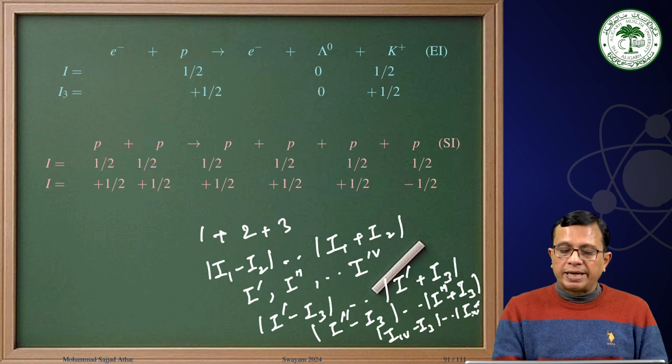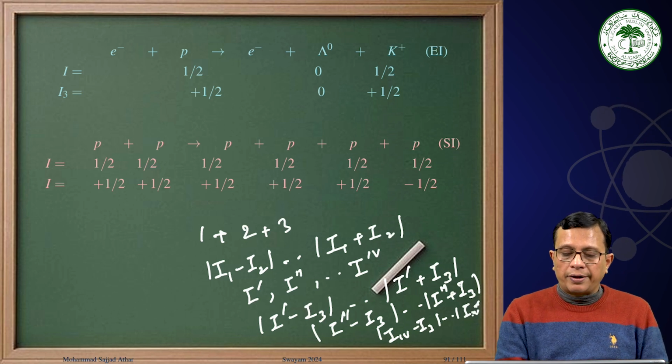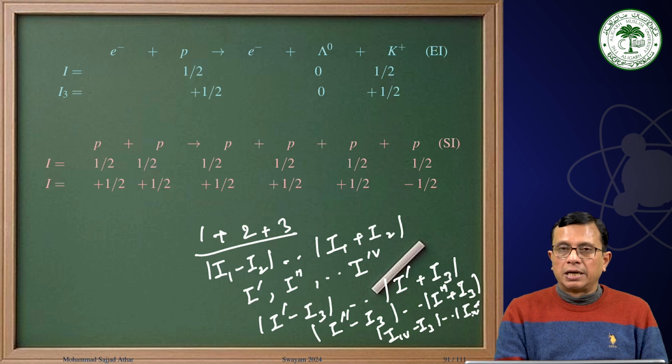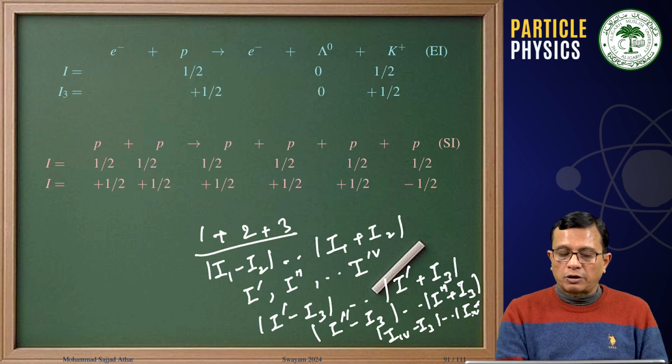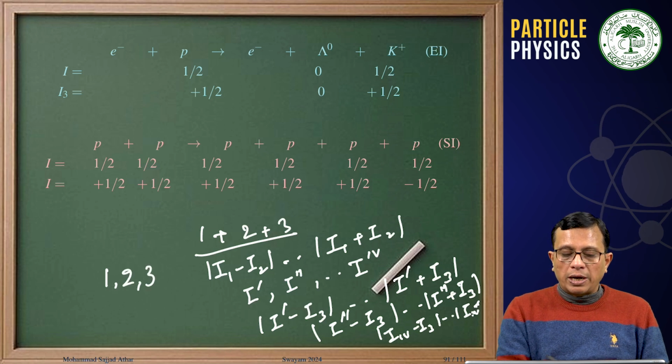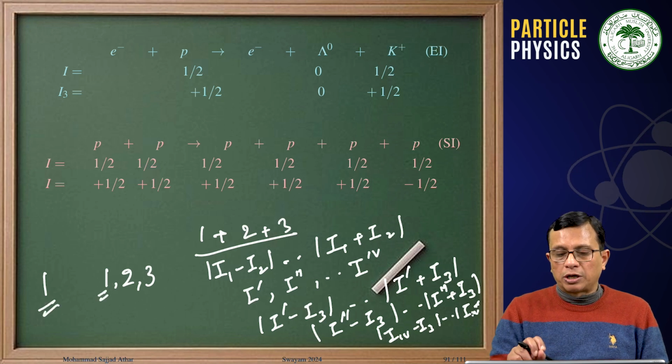And say I am getting the values by combining these three isotopic spins of the particles to be, say, 1, 2, 3, while on the left hand side we have only 1. So therefore, we will look at this, that one number should be common to conserve isotopic spin.